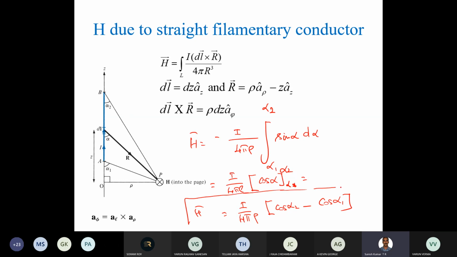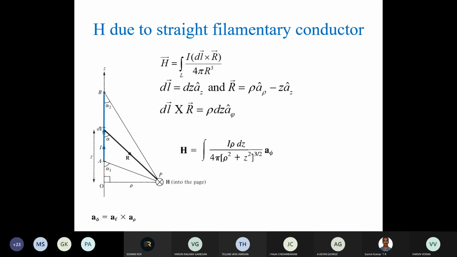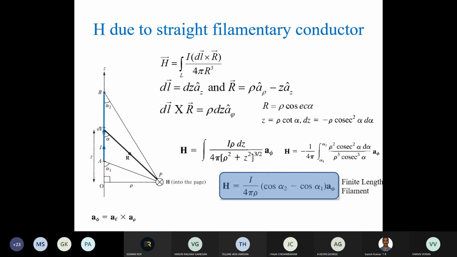This is such a compact equation. Strategically we wrote everything in terms of alpha, and now let me explain the equation in the printed form. So this is the magnetic field due to a finite length of current carrying element.